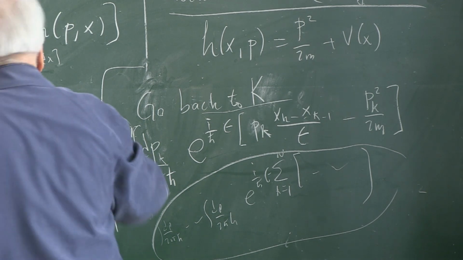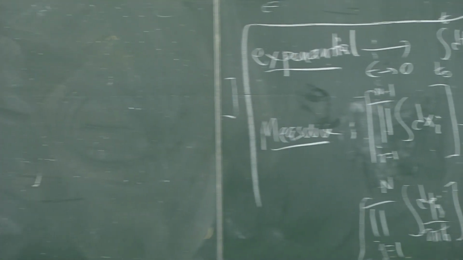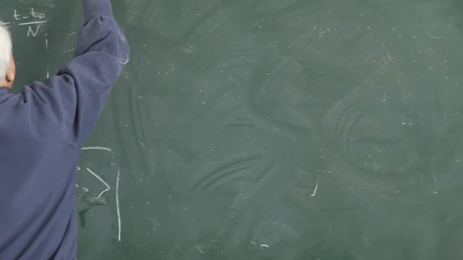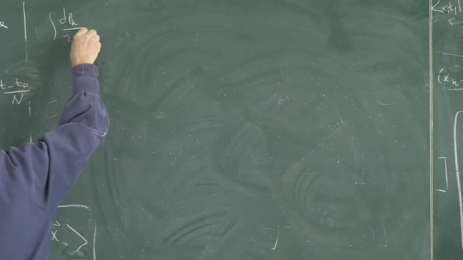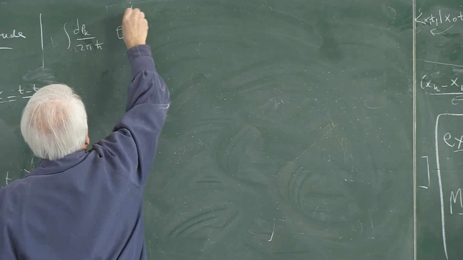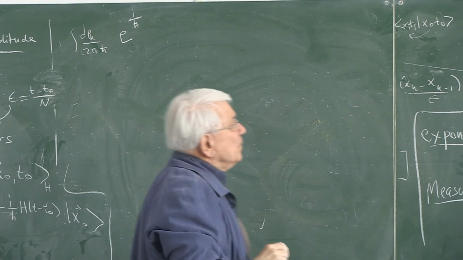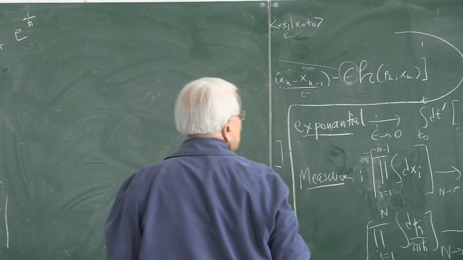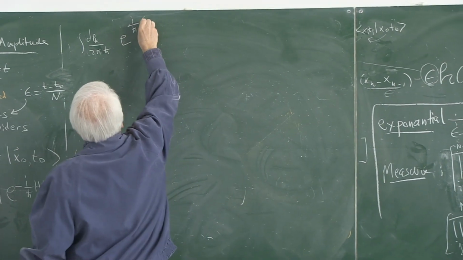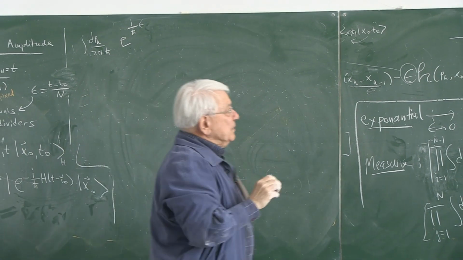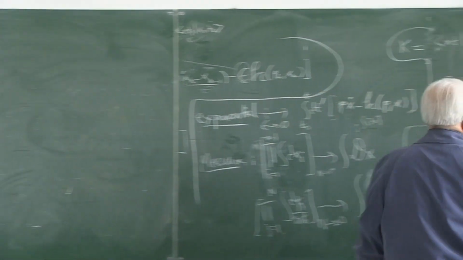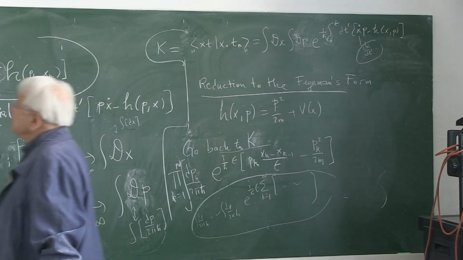So let me do each integral, this integral, dpk divided by 2 pi h bar, exponential i over h bar epsilon. I will take this minus 1 over 2m out.